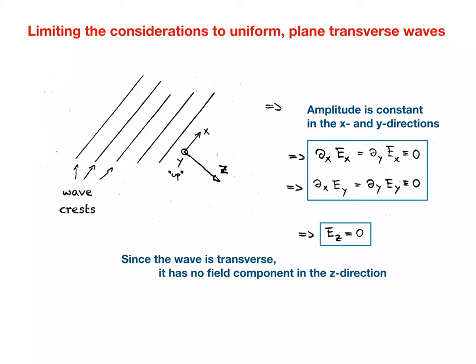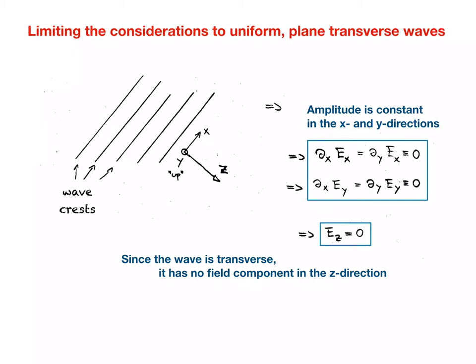Uniform plane transverse waves that propagate in the z direction have amplitudes that do not change in the x or y direction. This means in our case that dx of Ex equals dy of Ex, and both of these differentiations are 0. Similarly, dx of Ey equals dy of Ey, and that is also 0.